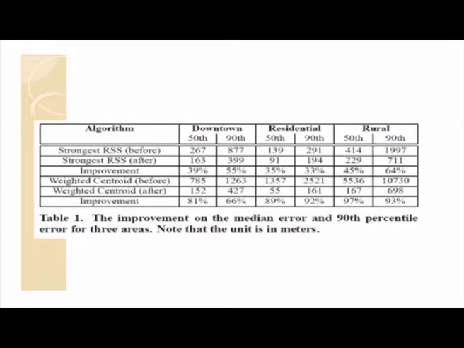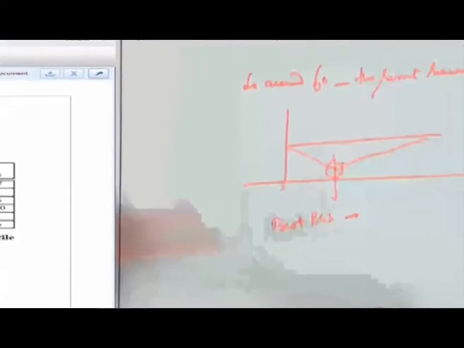What we have seen in this case: previously it was 267 and it was 785. After combining the cells, this is becoming 163, while weighted centroid is becoming 152 in downtown.